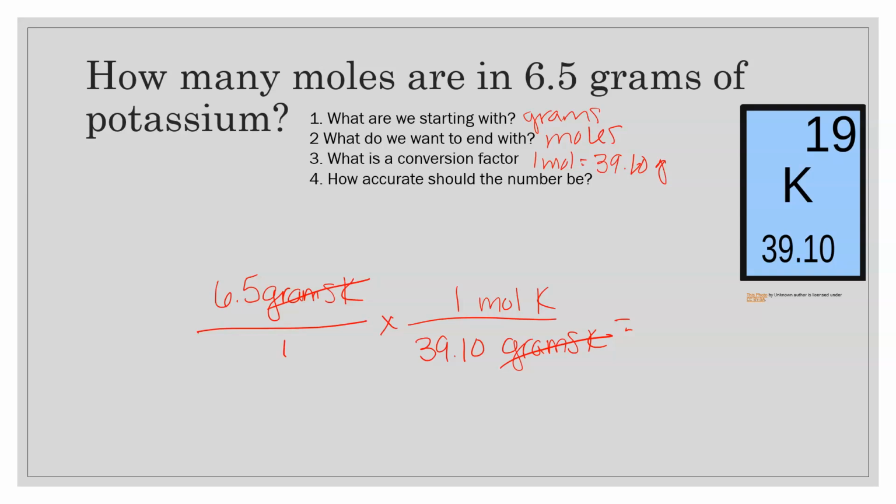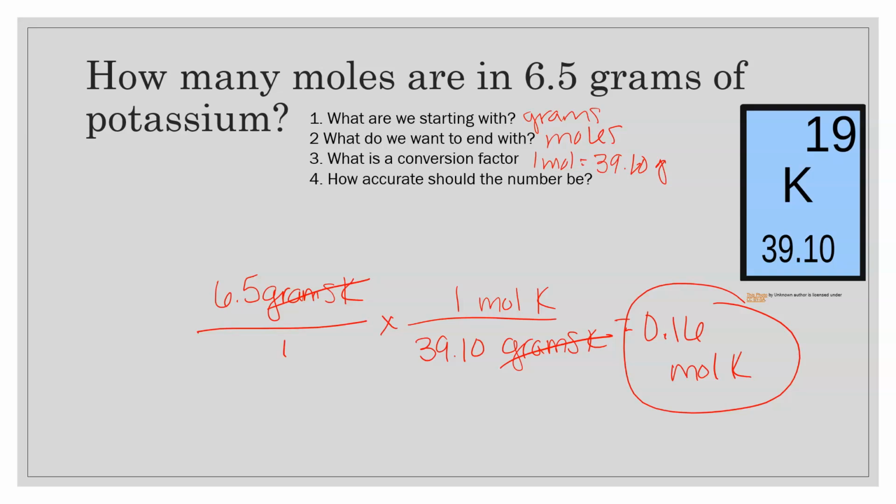So if we take 6.5 divided by 39.10, we end up with 0.16 moles of potassium in 6.5 grams of potassium.